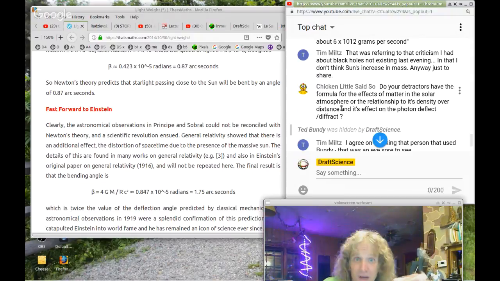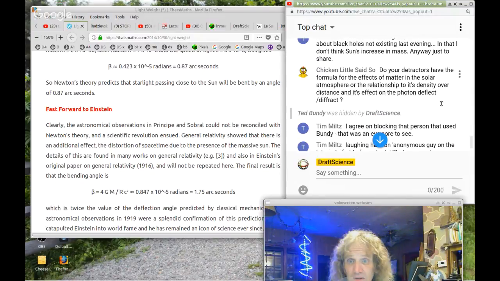Obviously burned up, but I just mean if it was a non-flammable box, in certain locations it could be dramatically pushed in different directions. I was wondering if the effects of matter in a solar atmosphere are related to its density over distance and its effects on the photon deflection. So I don't know what that even means, so quite useless. Thank you.